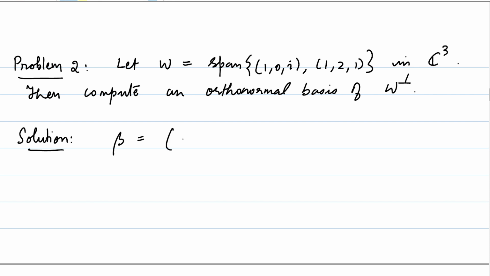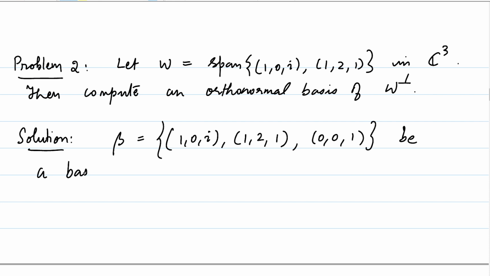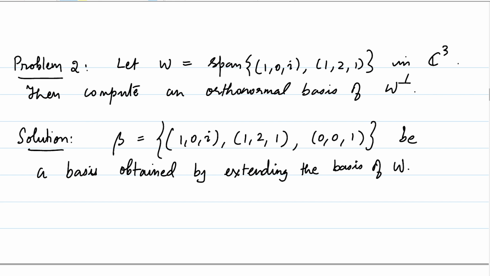So let beta be (1, 0, i), (1, 2, 1) and let's say (0, 0, 1). The first thing to check is whether it is a basis obtained by extending the basis of W.